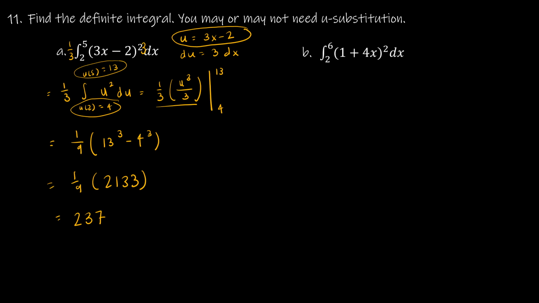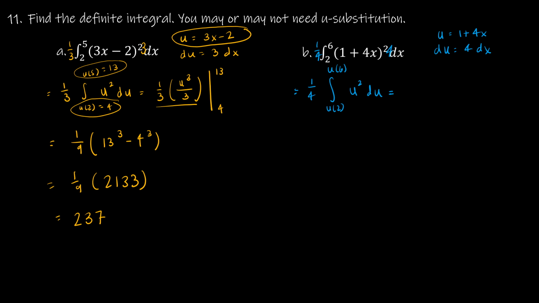Same thing here. I've got u is 1 plus 4x. du is going to be 4 dx, so I'm going to need a 4 here, which means I need a 1/4 here. So again, I'm going to write this as 1/4, and then the integral from u of 2 to u of 6, which I'll find in a moment, of u squared du.